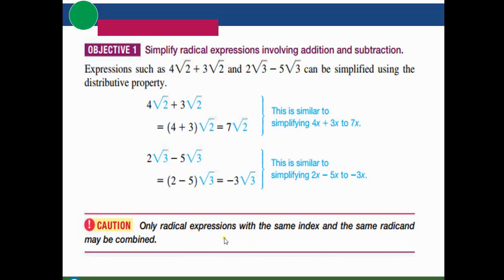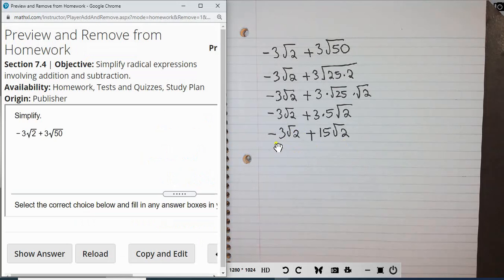Notice the caution here. Only radical expressions with the same index and the same radicand may be combined in this way. All right, so let's look at what we have here. We got negative 3 square root of 2 plus 15 square root of 2. Notice that we have radical expressions that have the same index and the same radicand, square root of 2.